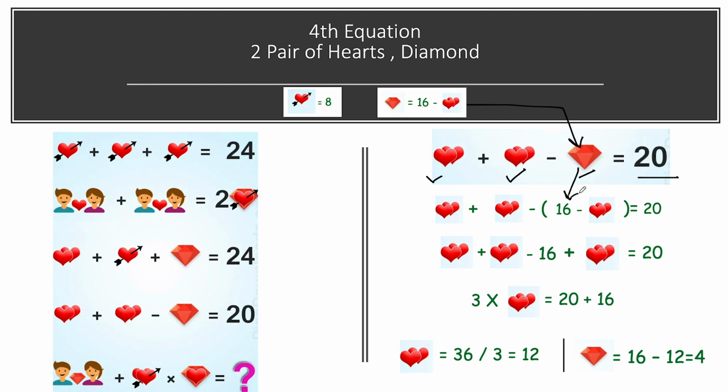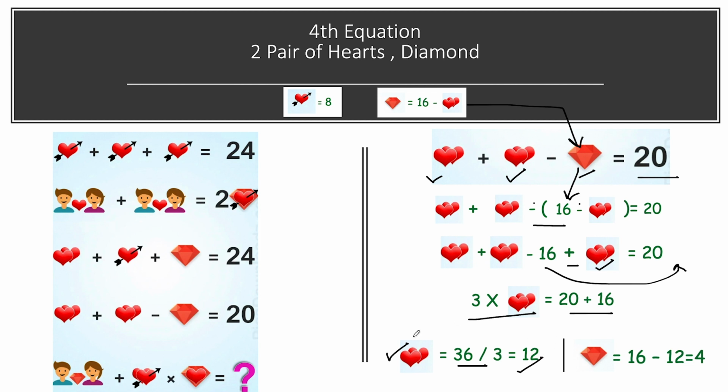We keep that value, and by solving this bracket first, it will become minus 16, minus and minus will become plus, it will become plus a pair of hearts. So here we have three pairs of hearts and their total value will be equal to 20 plus 16, that will be 36. So solving for the pair of hearts value, it will be 36 divided by 3, that is 12.